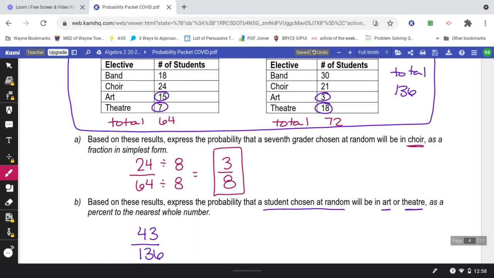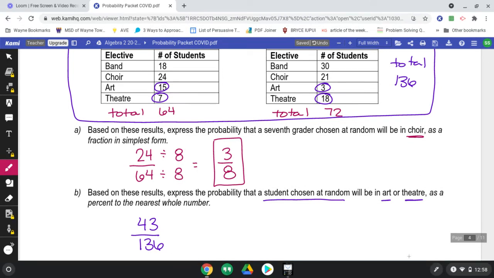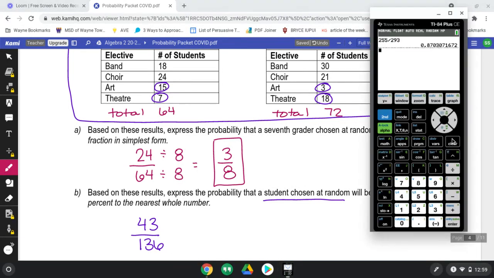And how do they want the answer? As a percent to the nearest whole number. Percent means we need to divide first using our calculator. 43 divided by 136. Percent is when we move the decimal place over twice.